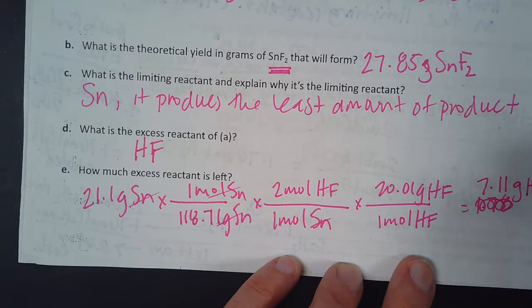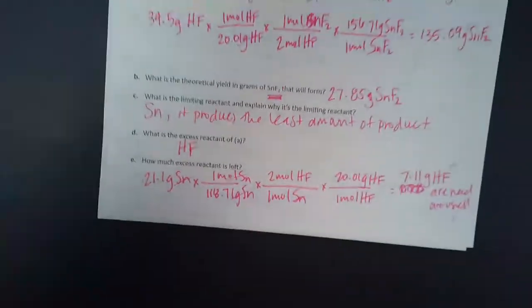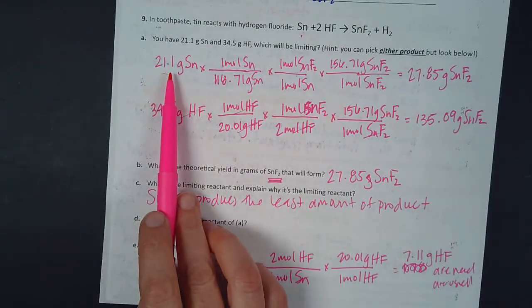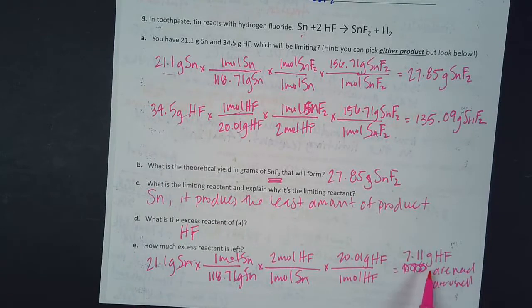So that's how many grams of HF are, what? Are needed, are used. So if you use all 21.1 grams of tin, you're going to need 7.11 grams of HF.